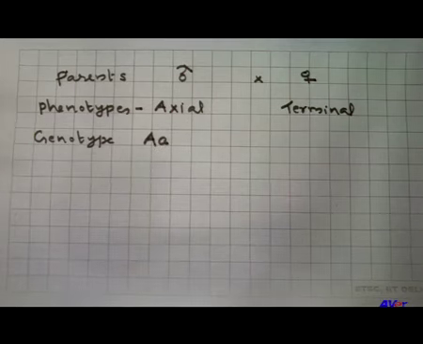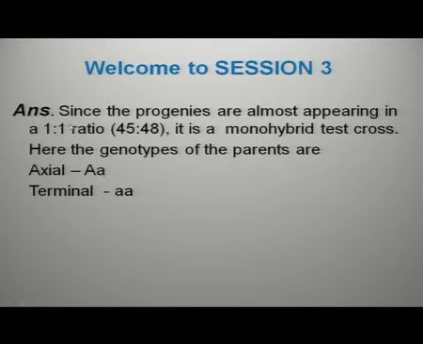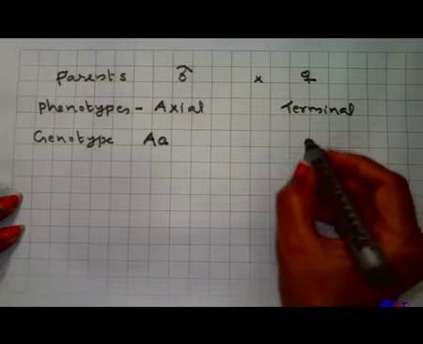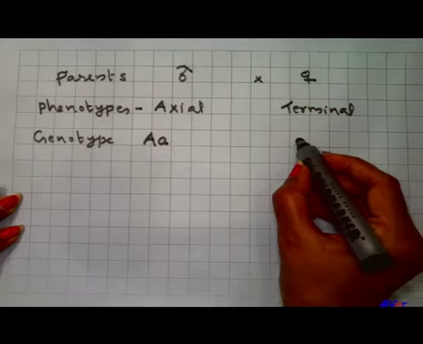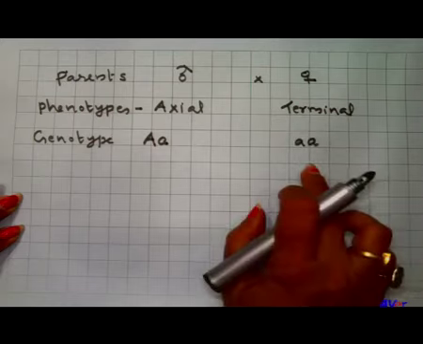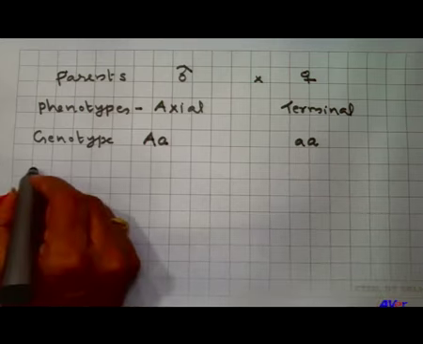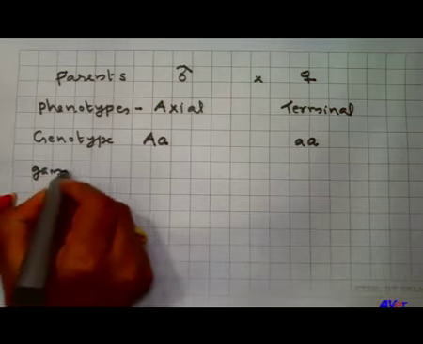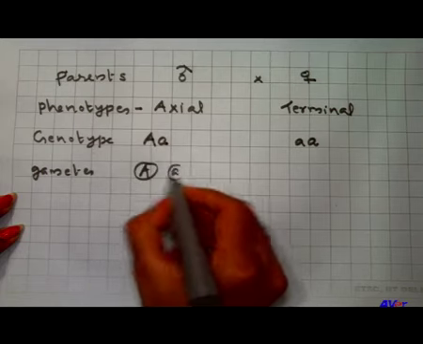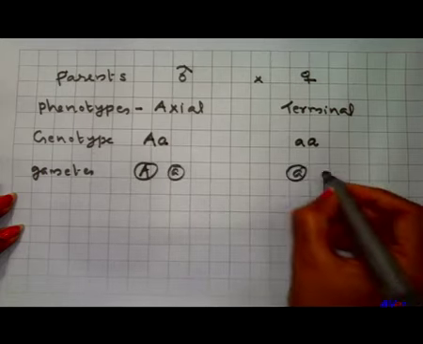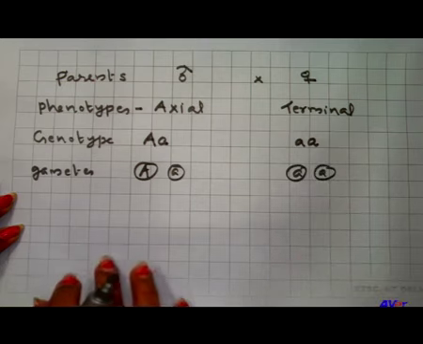Why it is written capital A small a? Because it is a test cross where the dominant parent will be heterozygous. And we know that the terminal one, it is a recessive character. So, it will be always homozygous, small a, small a. Now, coming to gametes, capital A, small a, and here it is small a gametes.